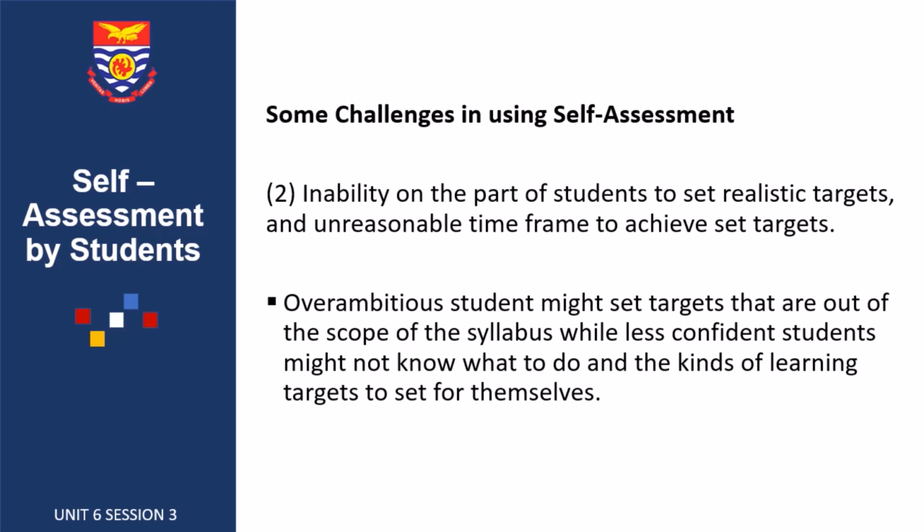This will involve a group of students discussing your written feedback and also planning what the next step should be to support each student's learning. And overambitious students might set targets that are out of scope, so you should always be in control and guide them as such.